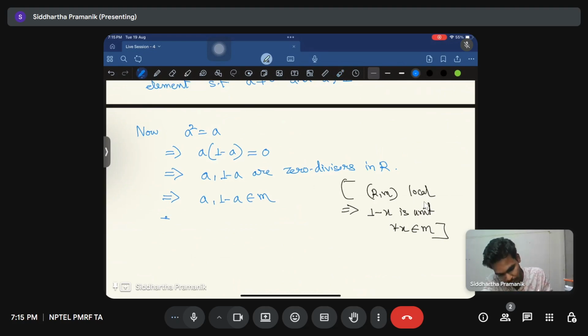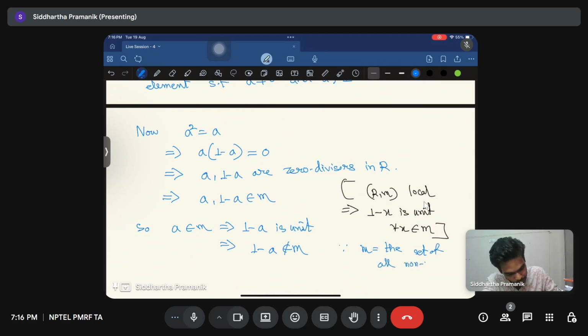So A belongs to M implies 1 minus A is a unit, and M is basically the set of all non-units. So that will imply 1 minus A does not belong to M, because M equals the set of all non-units of R. But here we have got 1 minus A is also in M. So this is a contradiction.